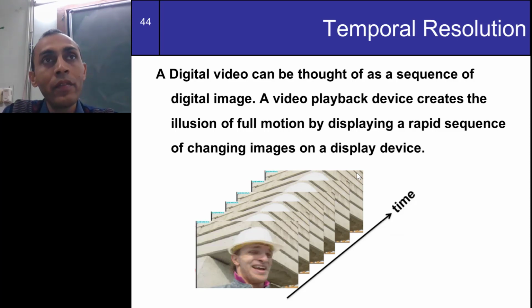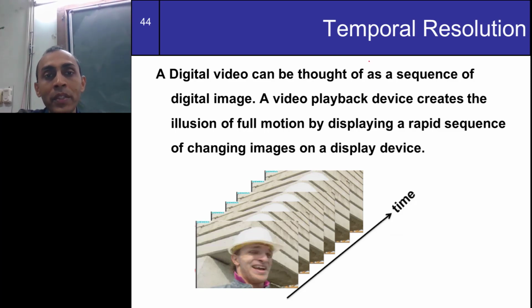And when there is a video, which is basically nothing but a sequence of images, we have a third dimension along the time axis. So we can have a resolution along time, which is what we call temporal resolution.